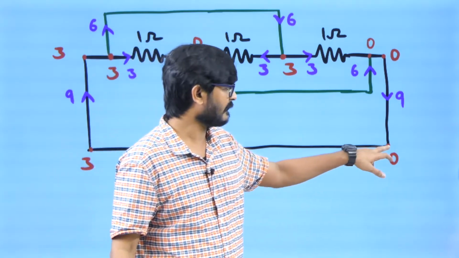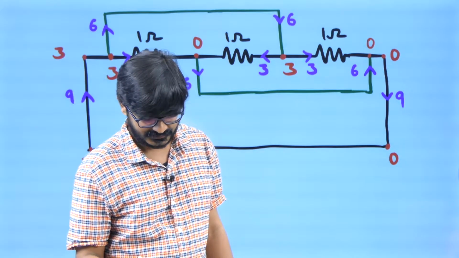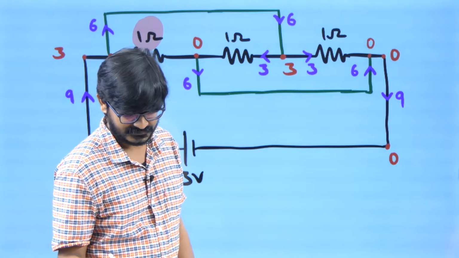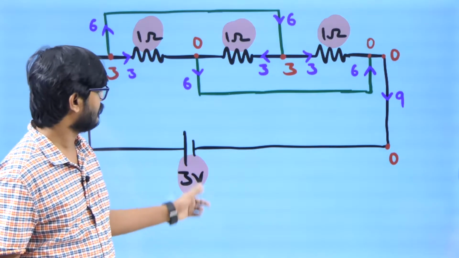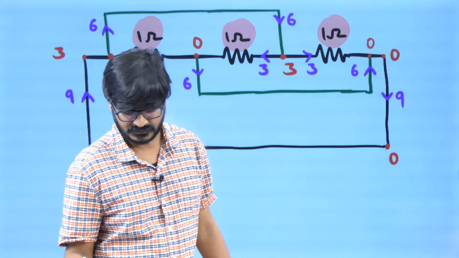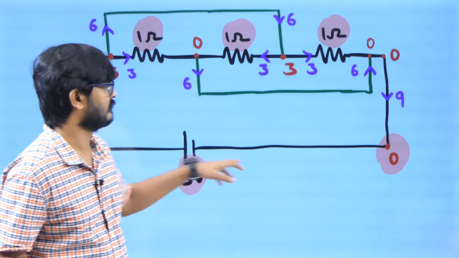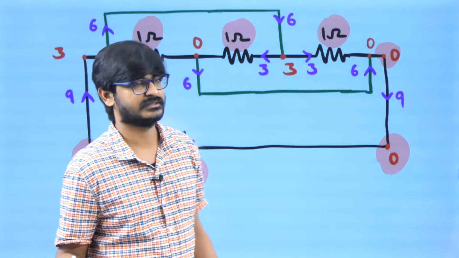There are many things here, so let me round off whatever I have used. This information is given. Now I have taken this as 0 volt, so I will get this as 3 volt, because that's what the battery will do. If this is 0 volt, this is going to be 0 volt, because it is a resistanceless wire.